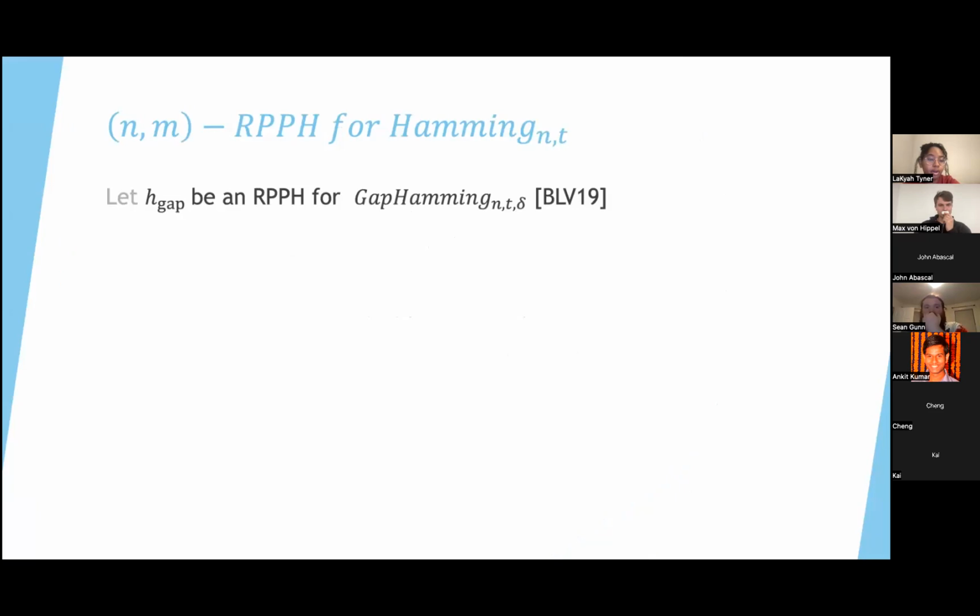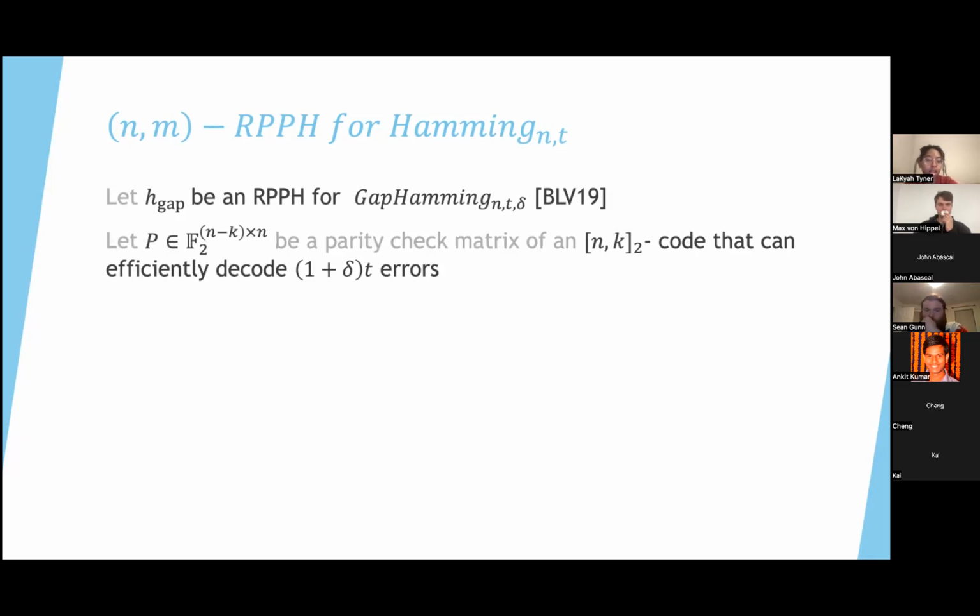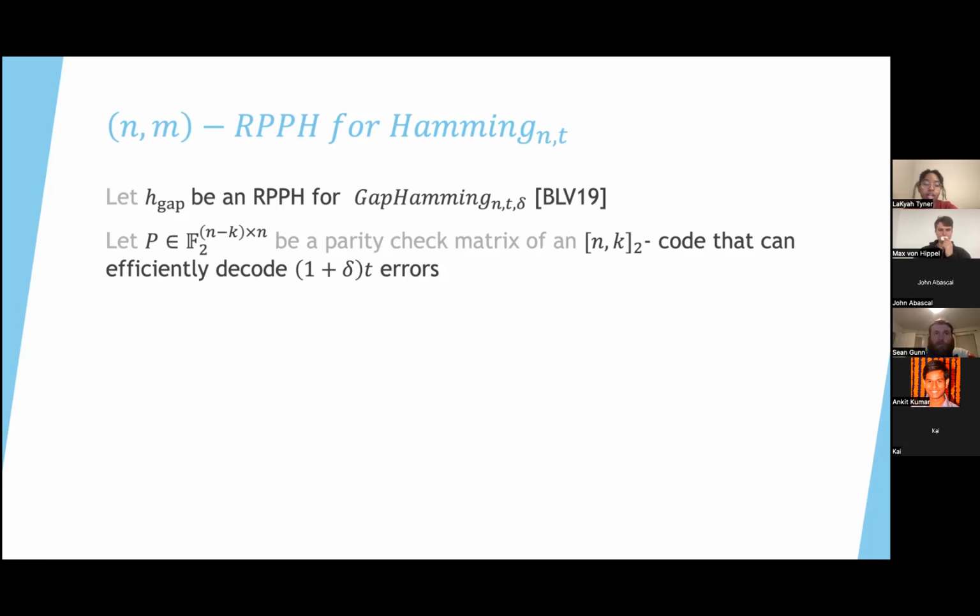More formally, for our robust property preserving hash, let H gap be the robust property preserving hash for gap Hamming. Similarly to before, let P be a parity check matrix of an n, k code that can efficiently decode up to 1 plus delta times T errors.